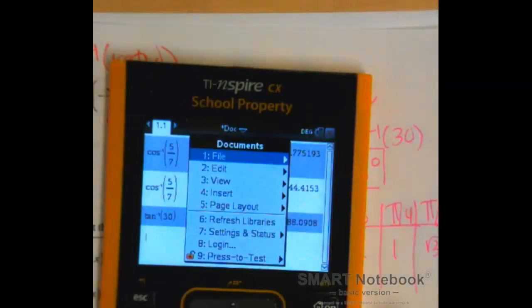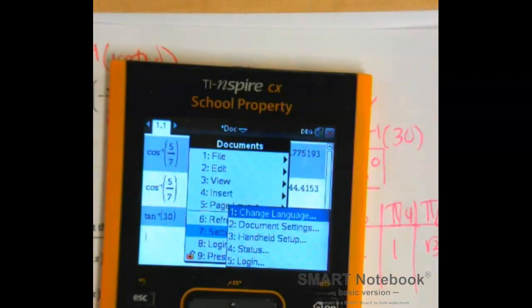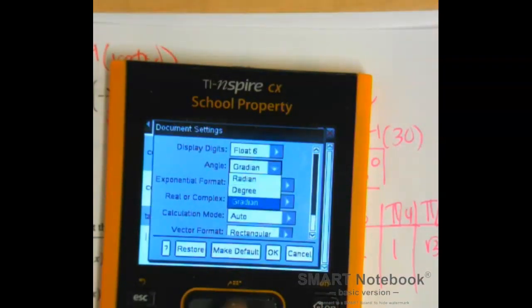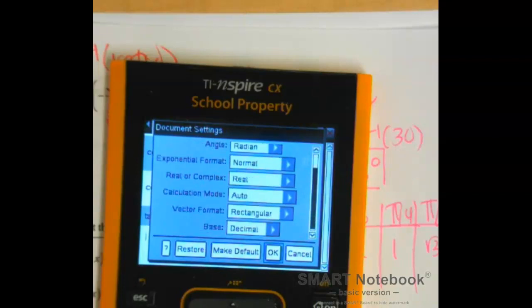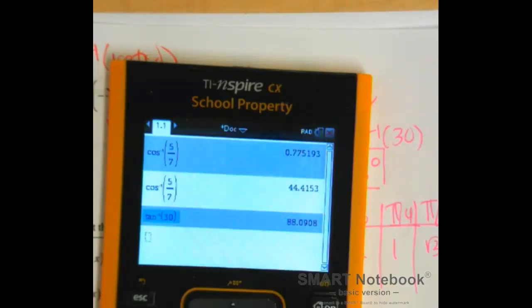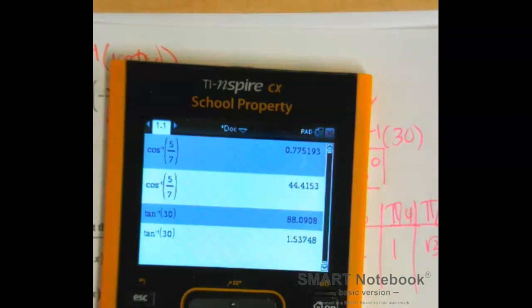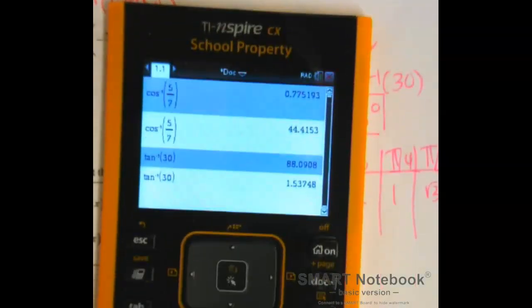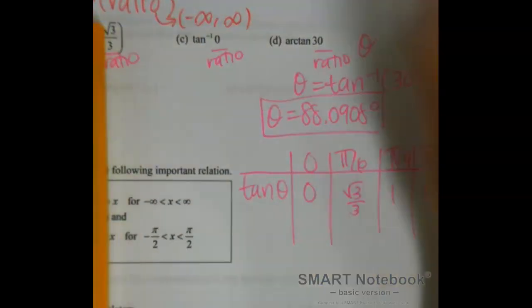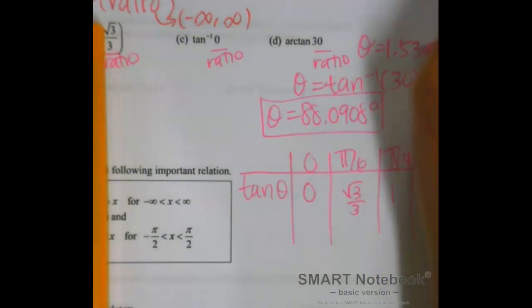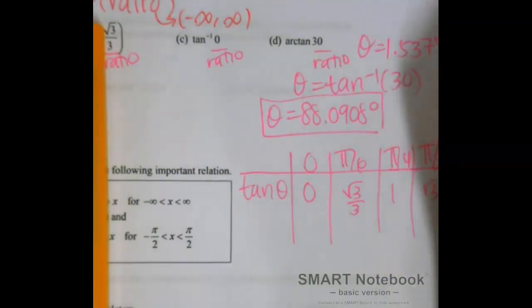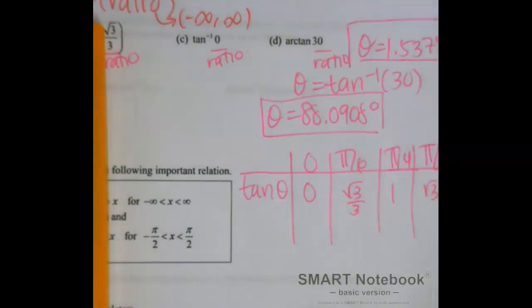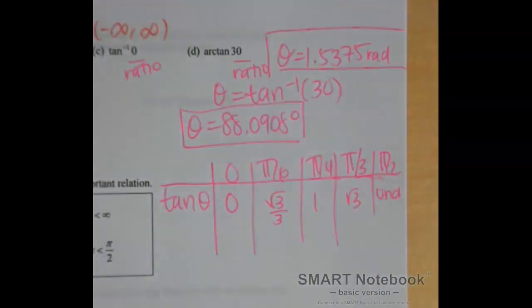So in order to write this in radians, I'm going to switch this into radians, and I'm going to copy this down. Tangent inverse of 30 in radians is 1.5375. And this is in radians. So make sure you guys put that RAD behind it to show that it's radian.